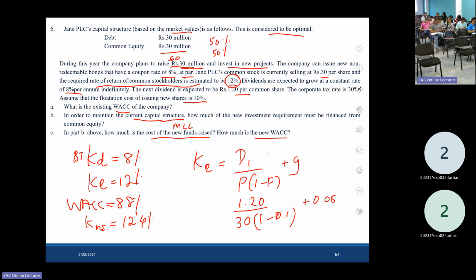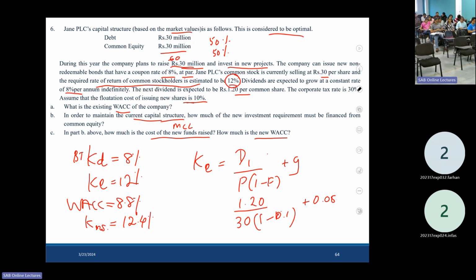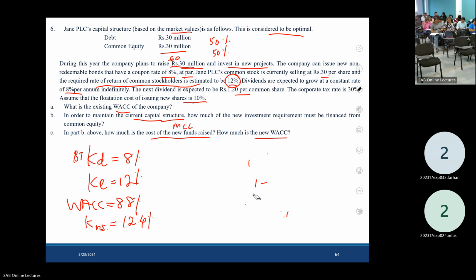Cost of debt is not changing. You can use the same number. So now calculate the marginal cost of capital and the new weighted average cost of capital. Marginal cost of capital, or the cost of the new fund raise, or the MCC, is equal to: if you are issuing new shares, the cost is 12.4.